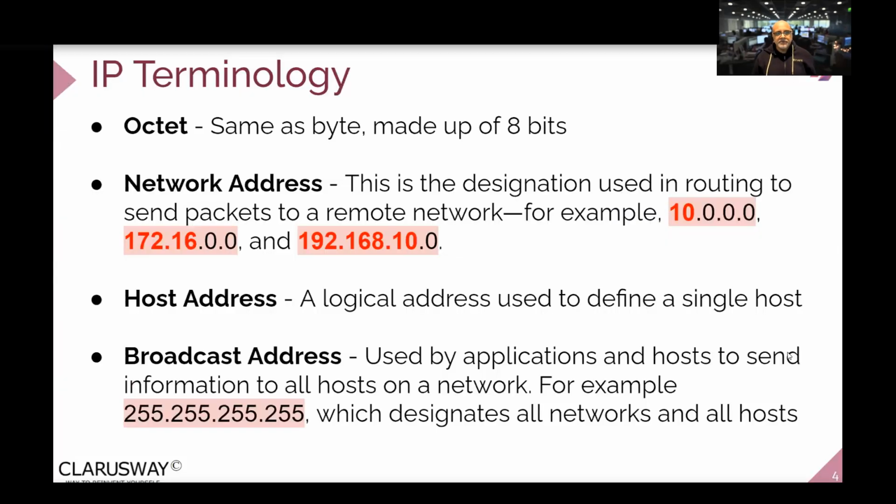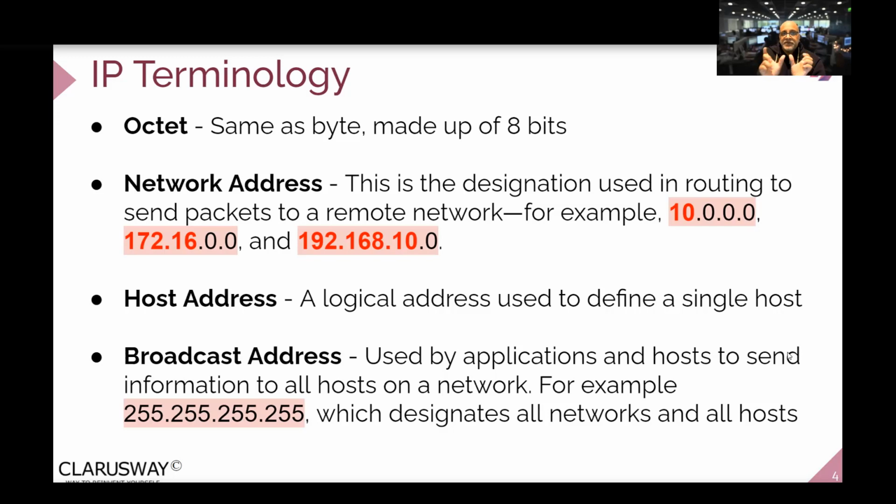So let's talk about some of the terminology. An octet, okay, is the same as a byte, and it's made up of 8 bits. We talked about this a little bit last week, right? In binary, you have 8 bits. Each bit is either a 0 or a 1.